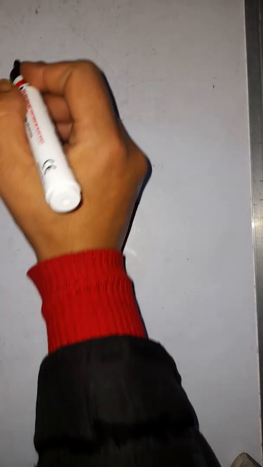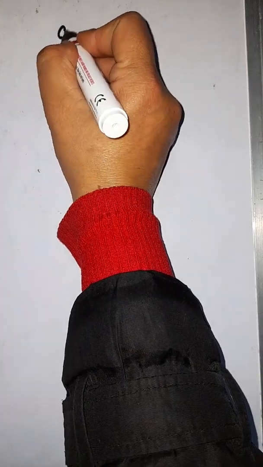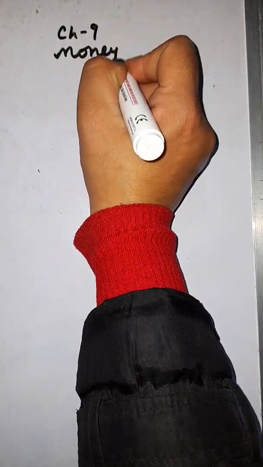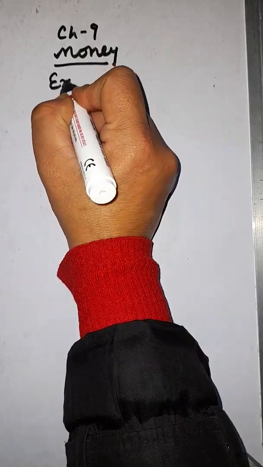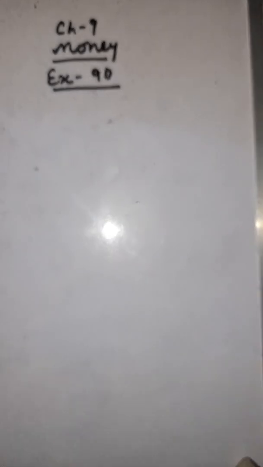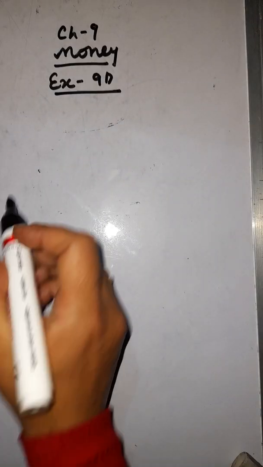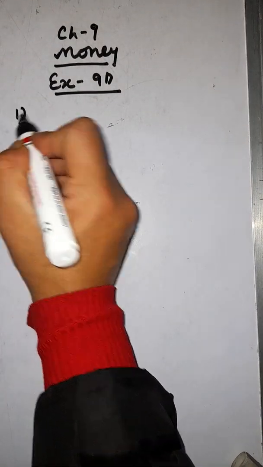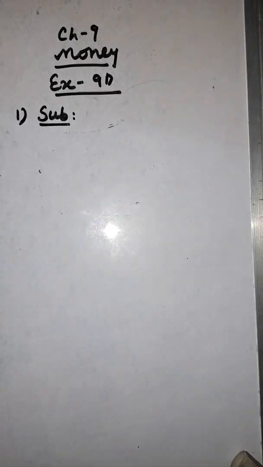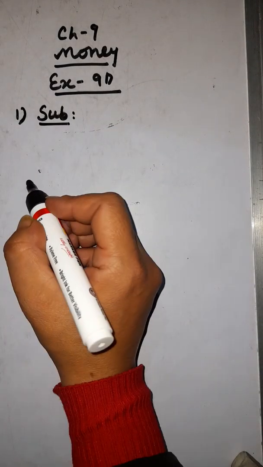So first of all we'll write here, this is chapter number 9, money, and exercise 9D. All right. Okay, so we'll write here question number 1, subtraction. This is short form of subtract.